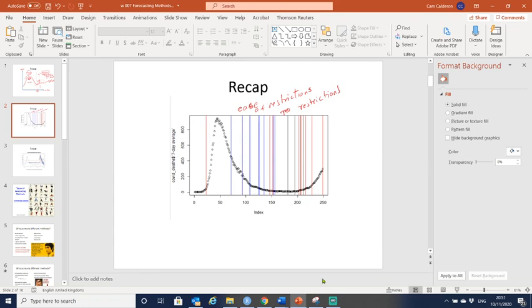So I will say that a right partition should be somewhere around here, because as you can see, here is when we start having more red lines, and here we have more blue lines. So it's somewhere in between.